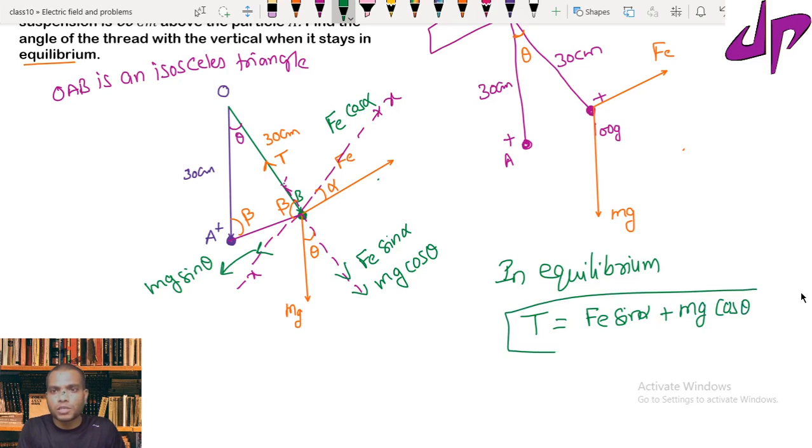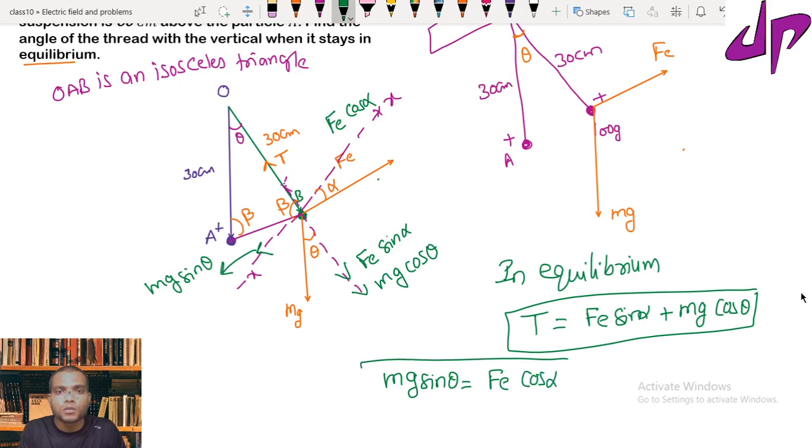So these two forces are equal and opposite, so they cancel each other out. But since they both are positive charges, we need to make them equal: the mg sin theta component equal to the Fe cos alpha component. So these two terms do not cancel each other out. If these two forces are equal and opposite, only then will the two charges be in equilibrium.